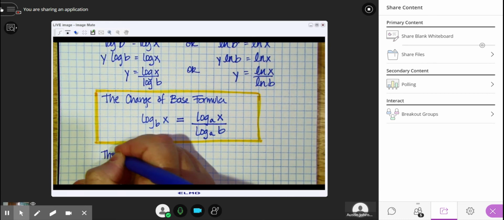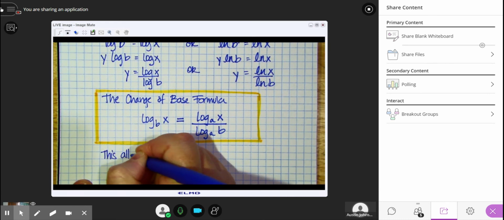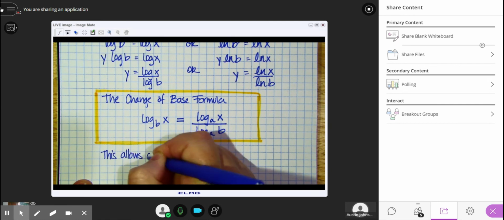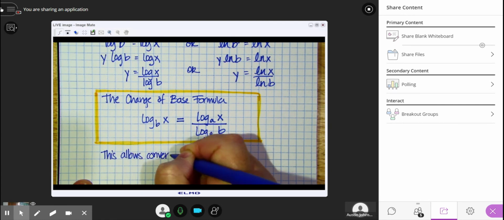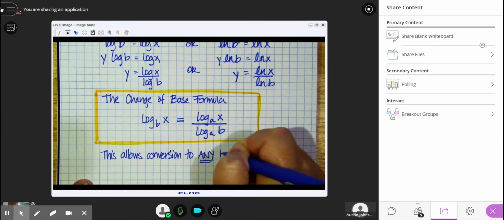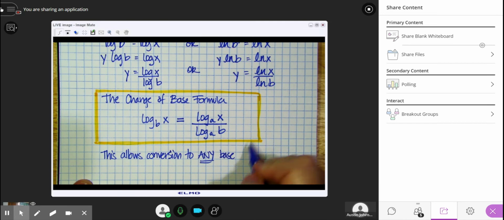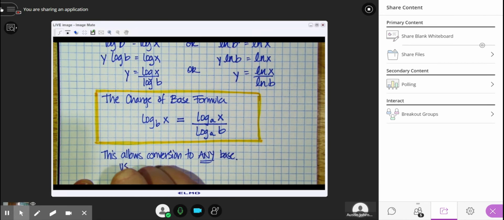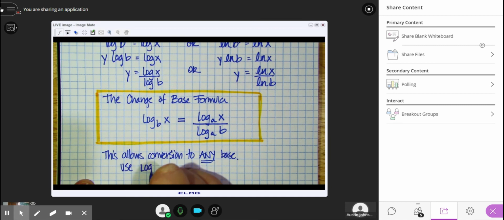This allows us to convert to any base. But we use log base 10 and ln for the calculator.